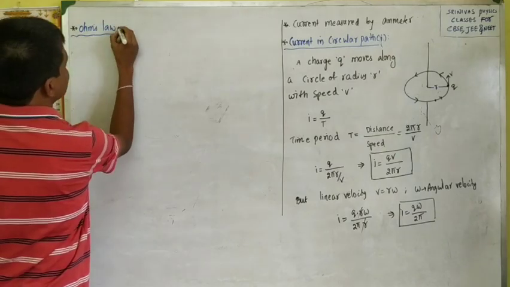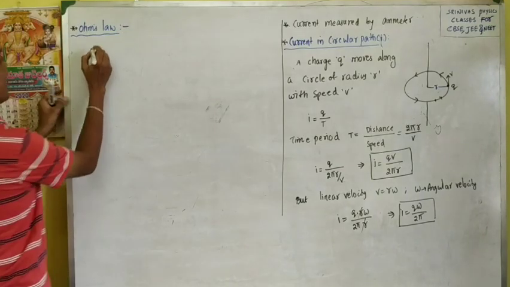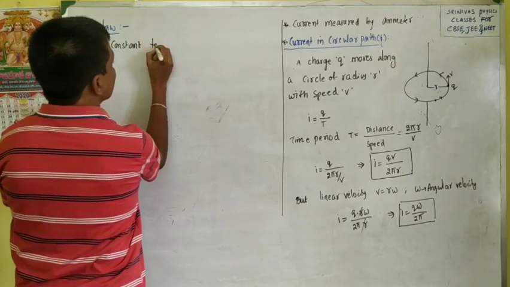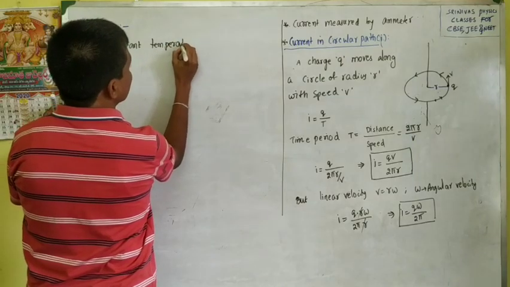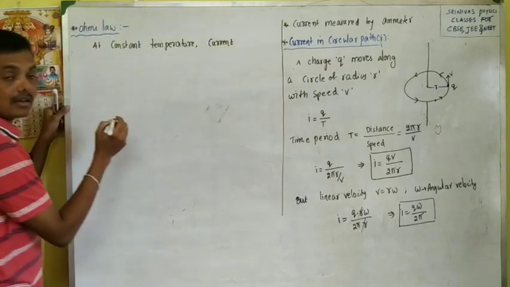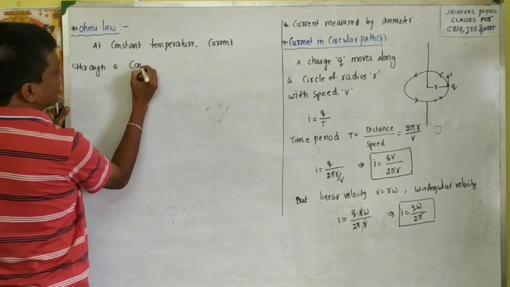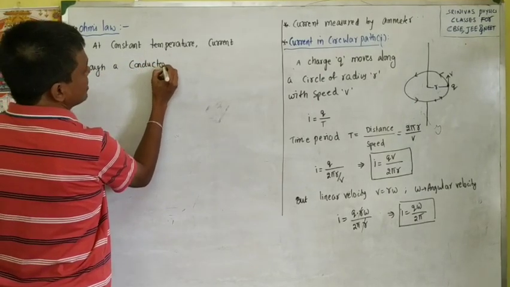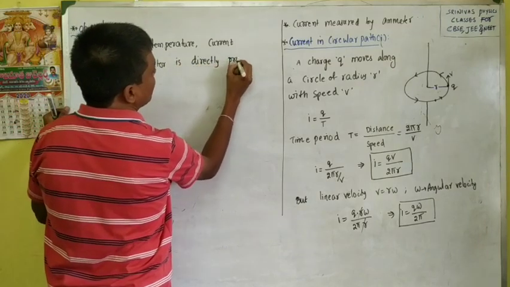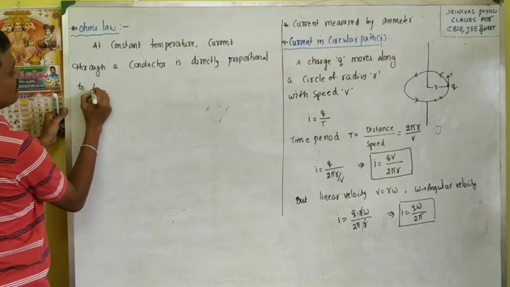Ohm is the name of the scientist. What is Ohm's law? Ohm's law is very simple. You know very well. At constant temperature, the current through a conductor is directly proportional to the, what, tell me?